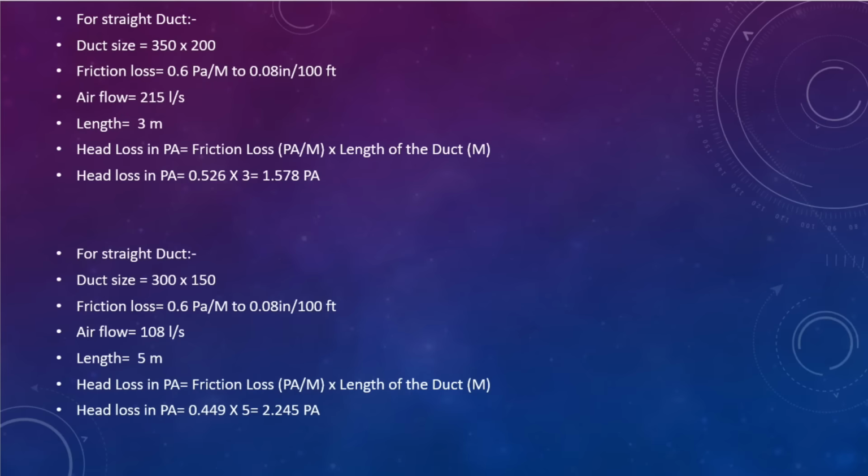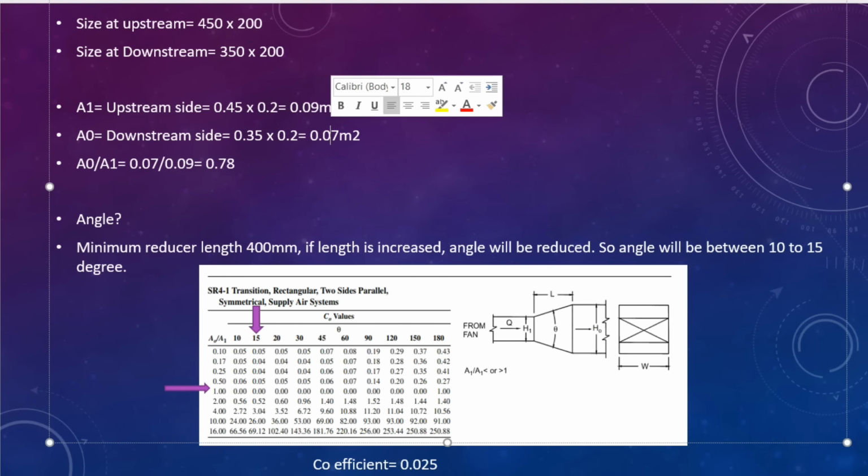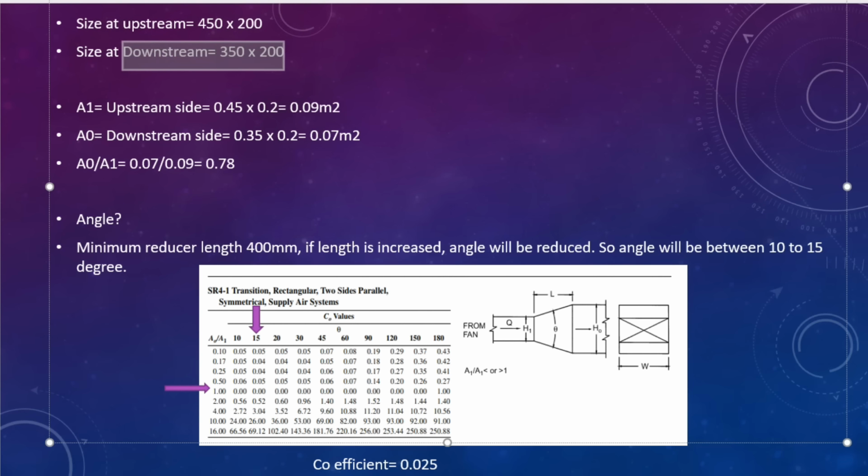So in our case, A0 by A1, I divided downstream by upstream, so 0.78 is the answer here. And coming to the angle, as I told you, we can consider a minimum length of 400 mm for the initial case, so it will make approximately 14 degrees.